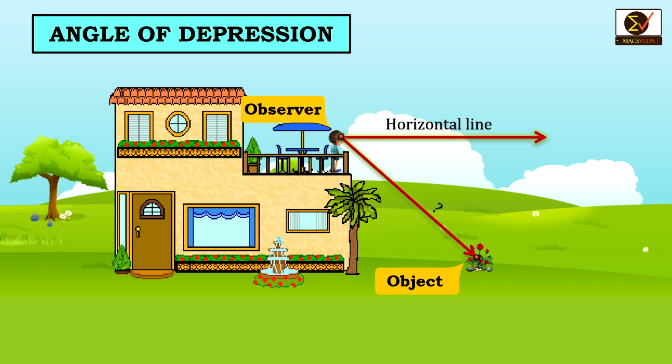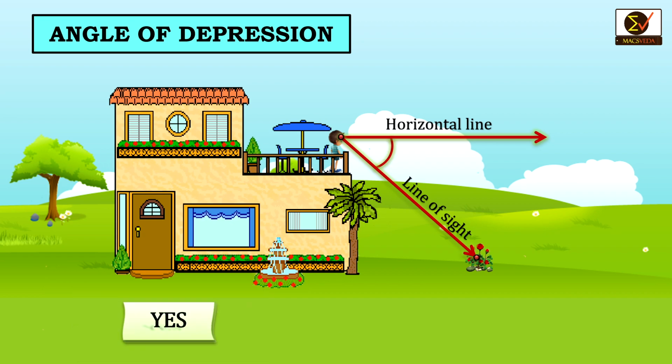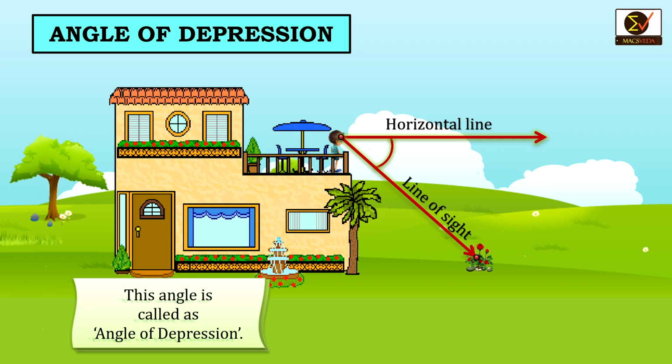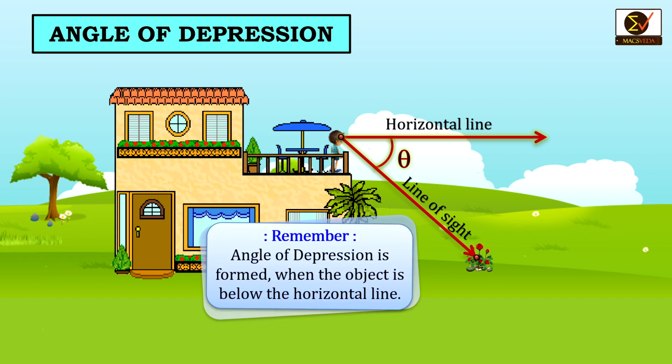So this is your line of sight. Now this line of sight is making an angle with horizontal line. Yes, this angle is called angle of depression. Let us denote it by theta. Remember, the angle of depression is formed when the object is below the horizontal line.